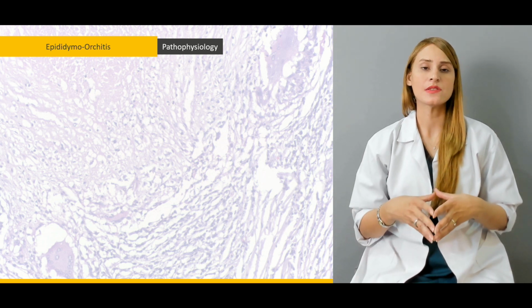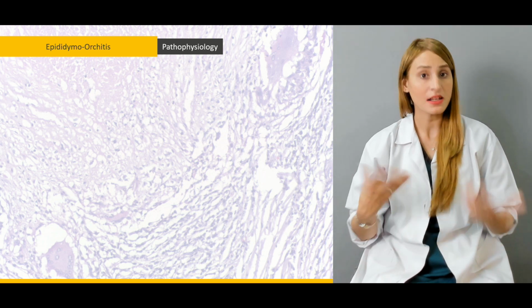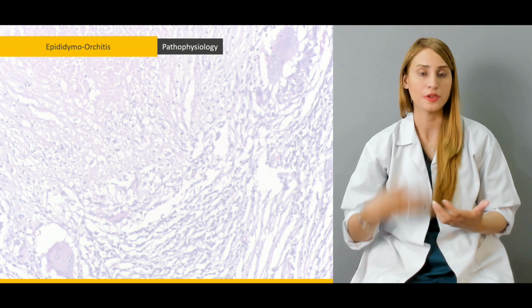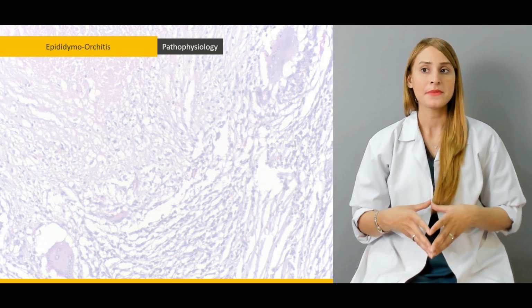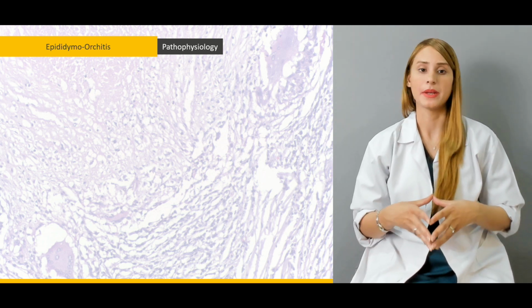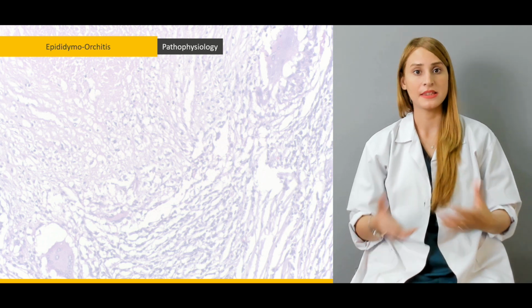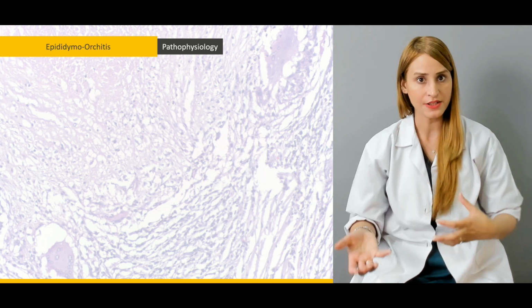But in older men, obviously the causative factor is ascending infection from a urinary tract infection or the prostatic urethra, secondary to obstructive uropathy. So this is something very important to know, that the organism in different age groups would be different, because the focus of the infection is different.